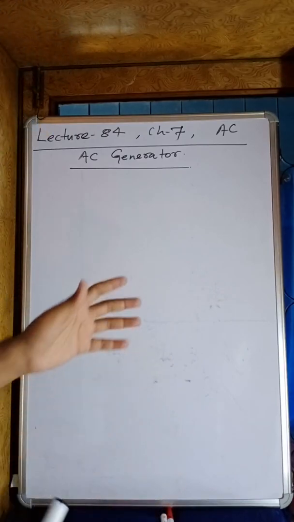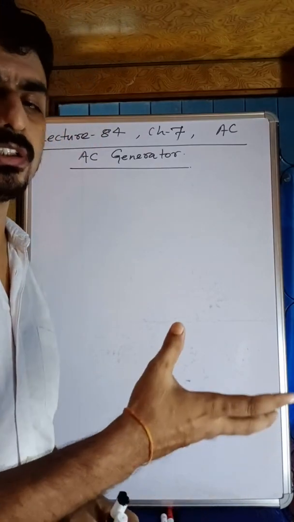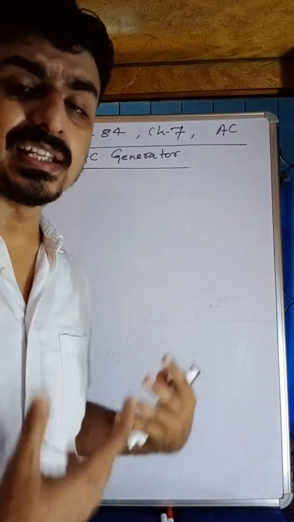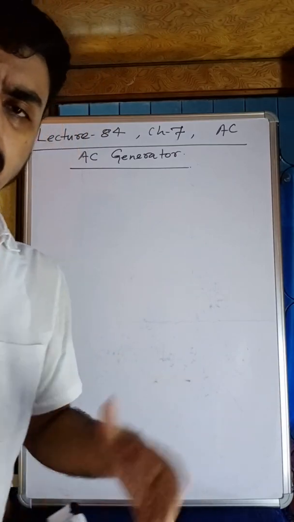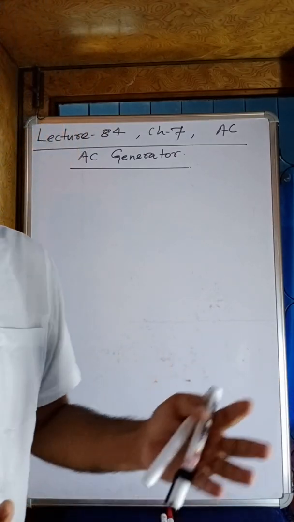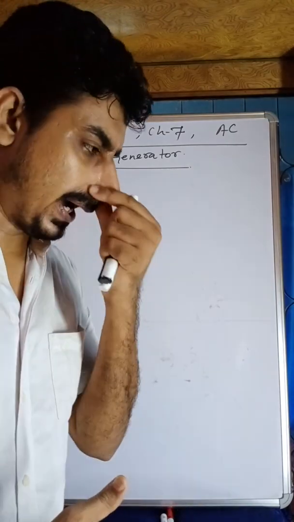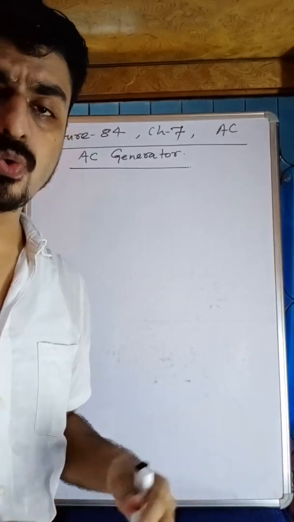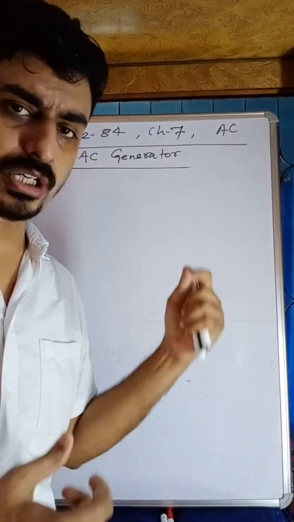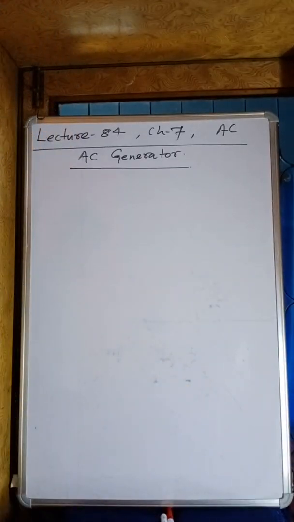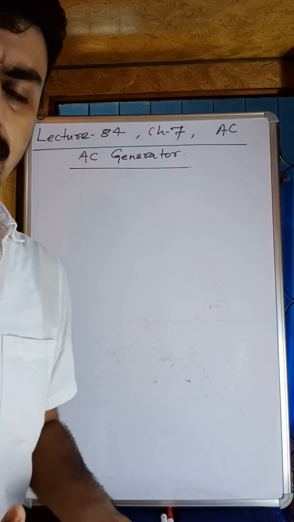What does this AC generator actually do for us? We give as input to this AC generator mechanical energy. You might have seen at a party function or a marriage function, a generator, a machine, is kept, and a person hand-turns that generator, giving mechanical work, and it starts. You might have noticed an auto having the same mechanism.